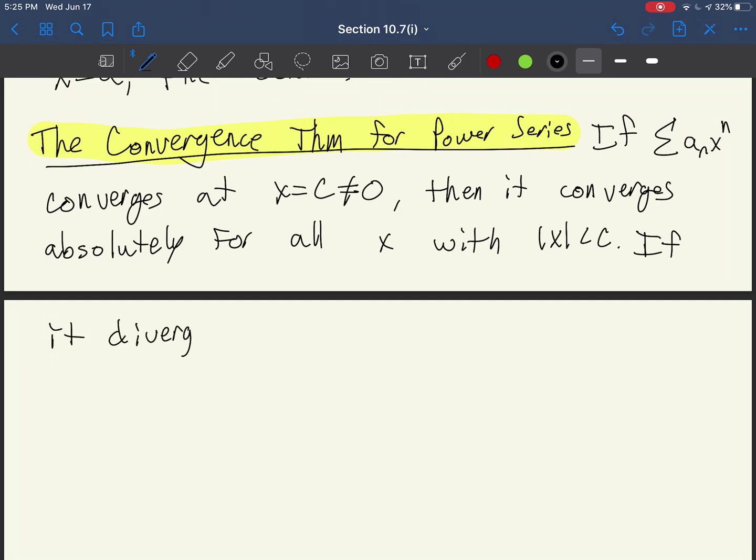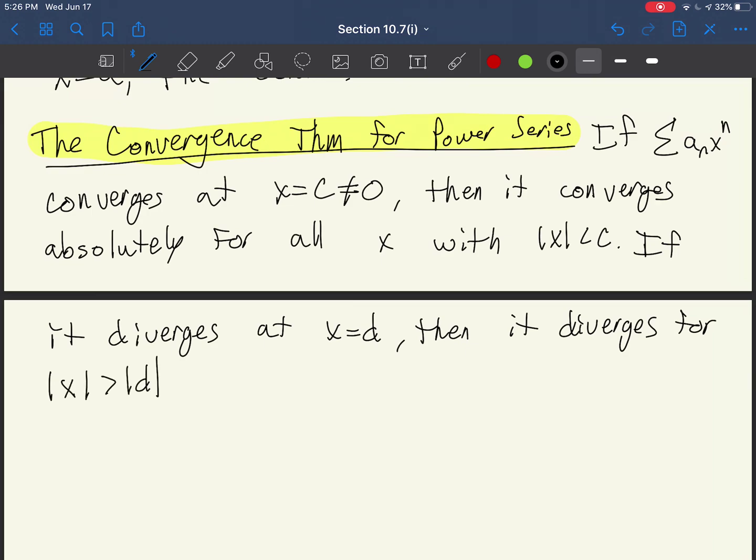Also, if it diverges at x equals d, then it diverges for all x with the absolute value of x bigger than the absolute value of d.